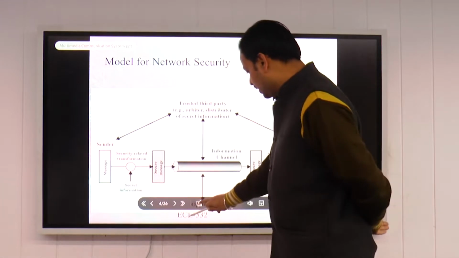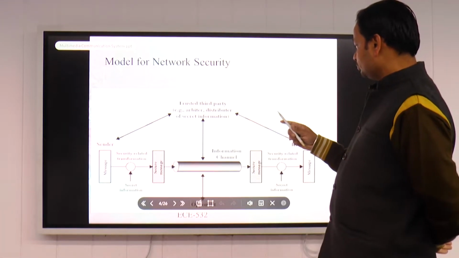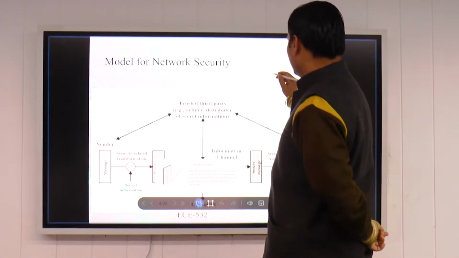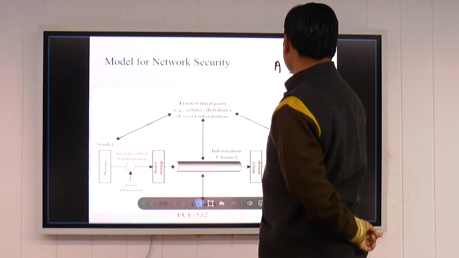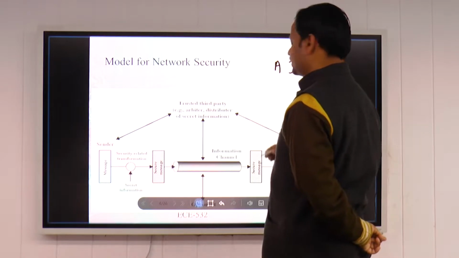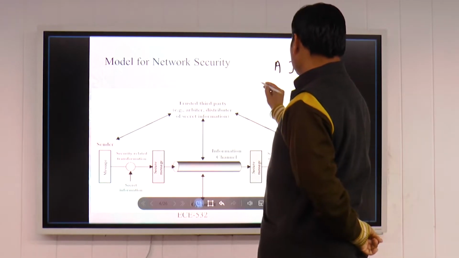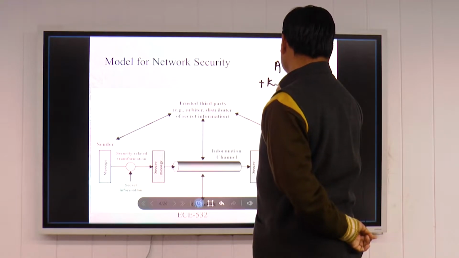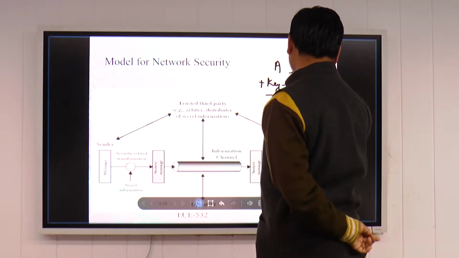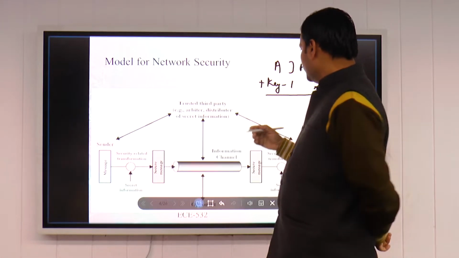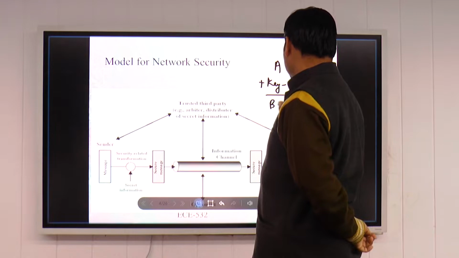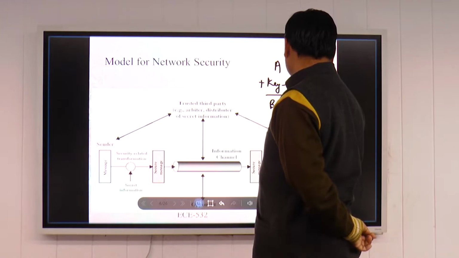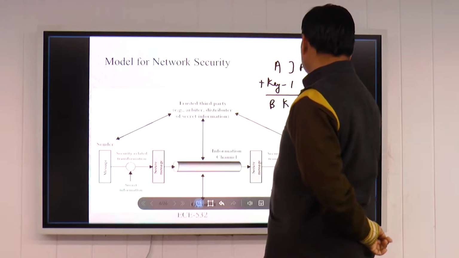Say, for example, I will just give you an example. Say we want to transmit Ajay; this is the information which the sender wants to transmit. A key will be used. Say the key is 1. We will convert it into a secret message. So A is converted to B, J is converted to K, and so on, giving BKBZ.